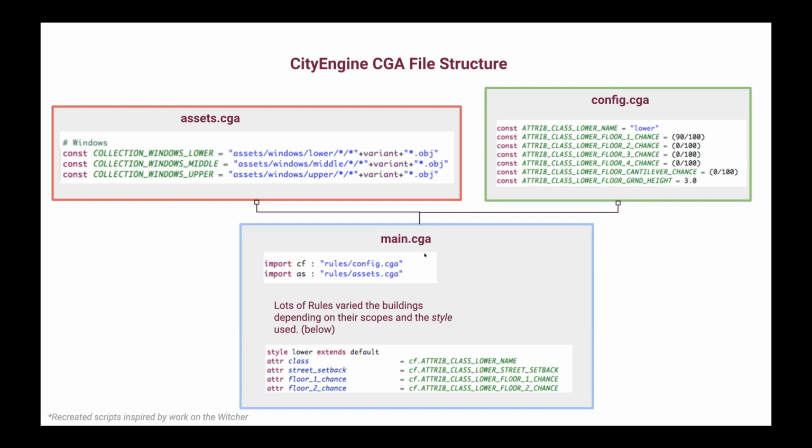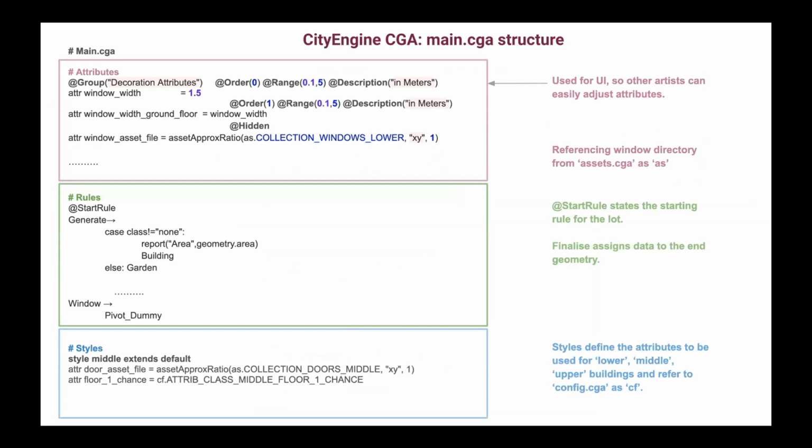And the main CGA file would import both of these files and wrangle them together to create buildings of different types procedurally.